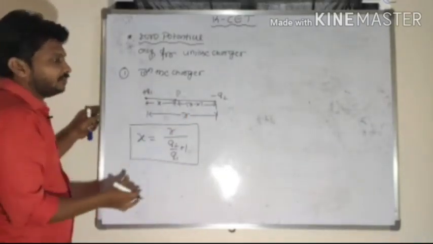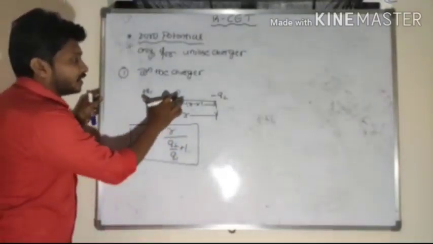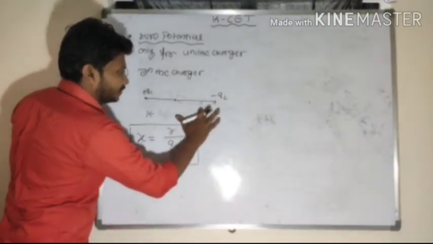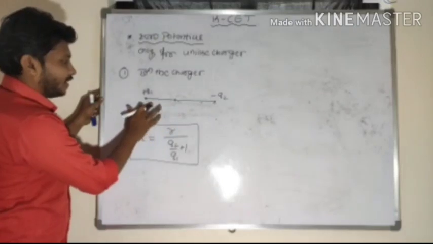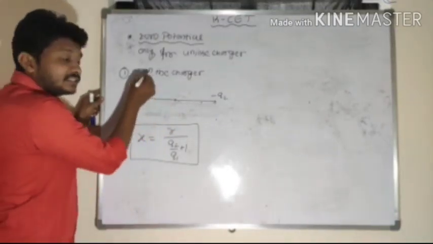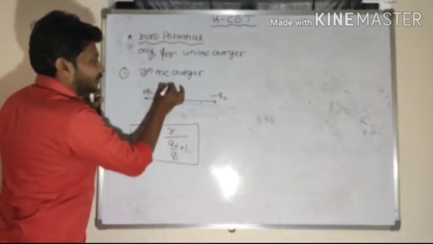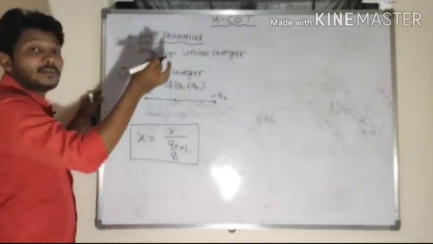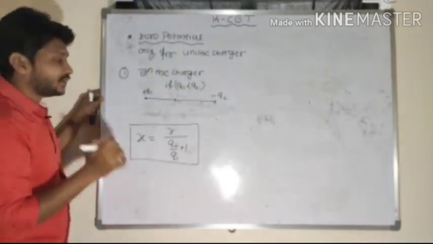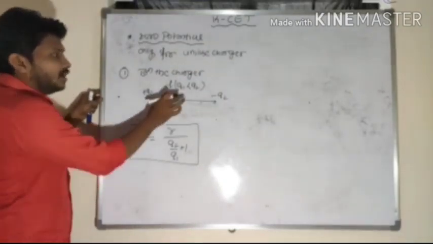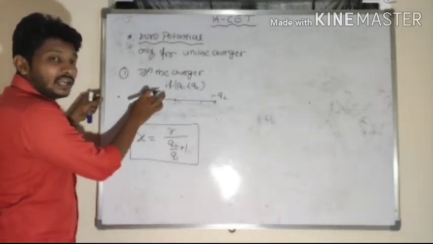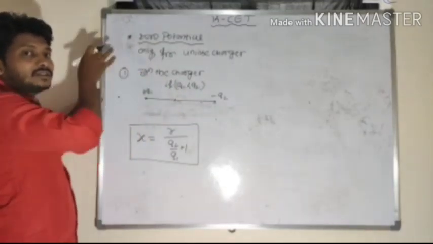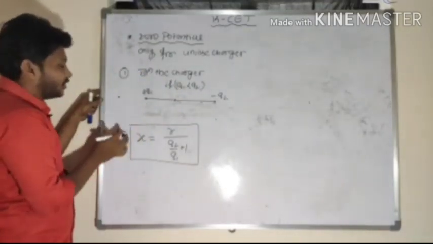If the zero potential exists outside the charges, consider one point here. Suppose that Q1 is less than Q2. If the magnitude of Q1 is less than that of Q2, then zero potential exists outside the charges, near the charge Q1.